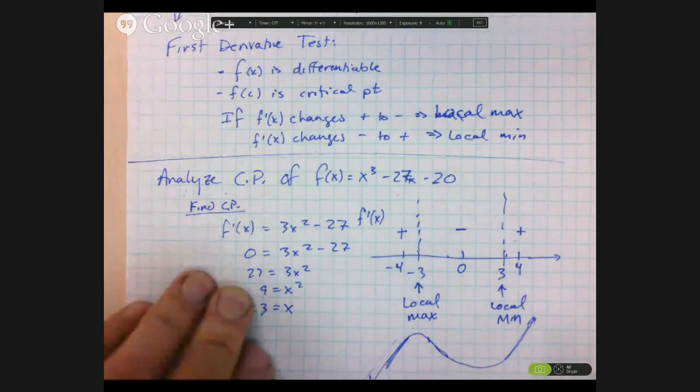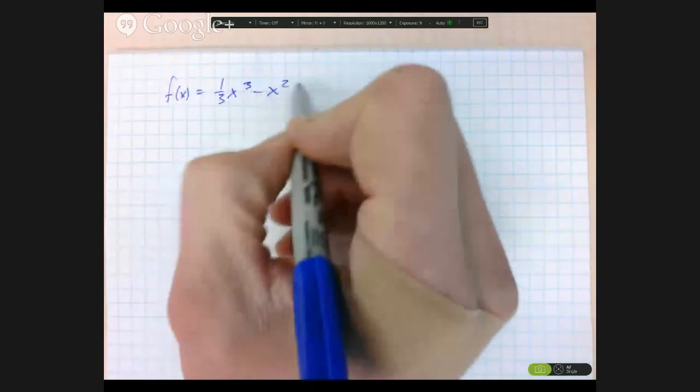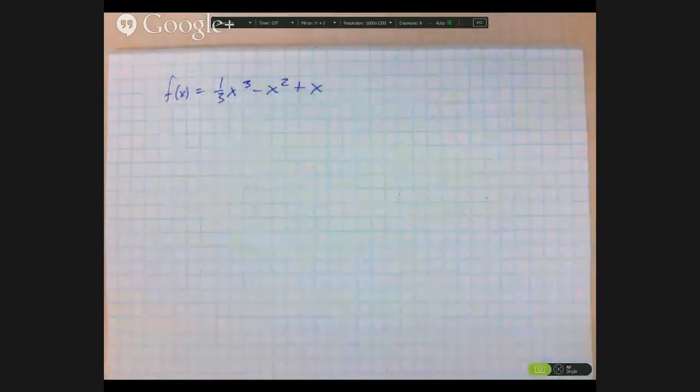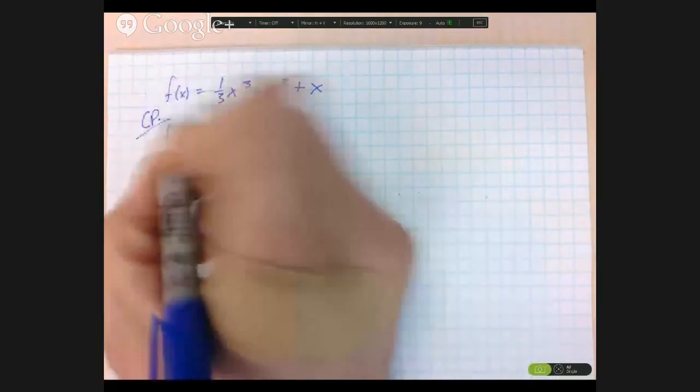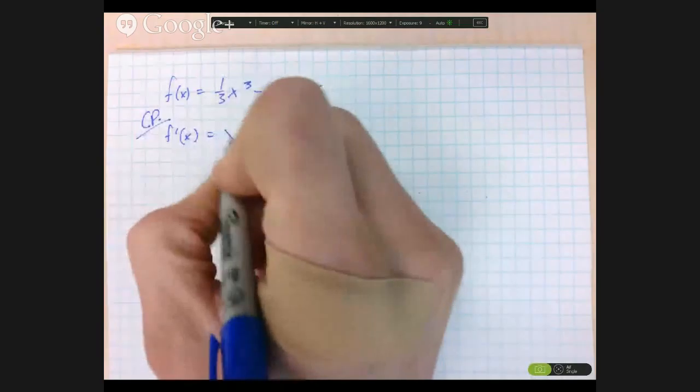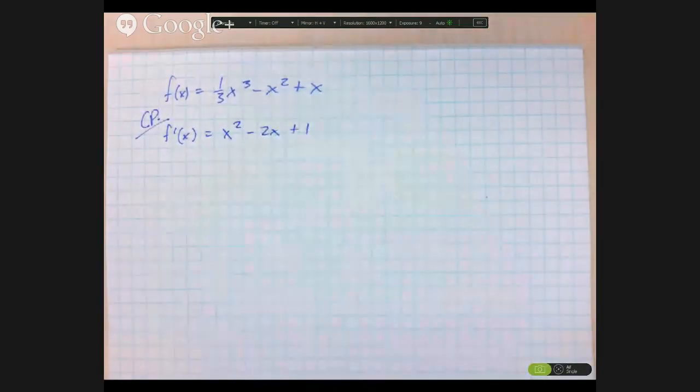Okay, let's do one more and we'll be done. Let's try this one. The derivative is x squared minus 2x plus 1.